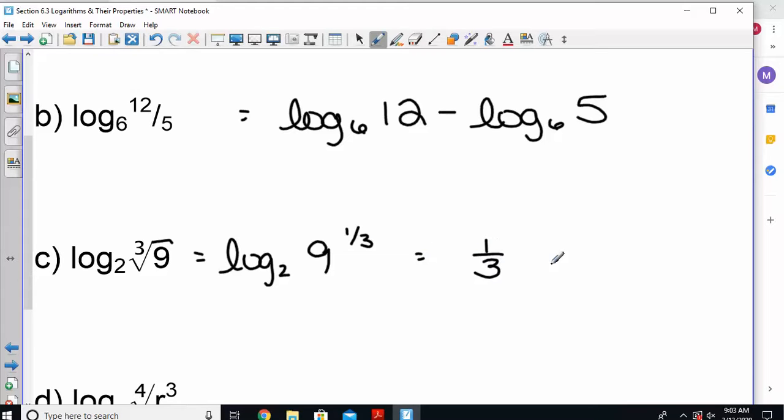Exponent becomes coefficient, so it's 1/3 log base 2 of 9. So those were the three properties, and then we're just going to continue using them.